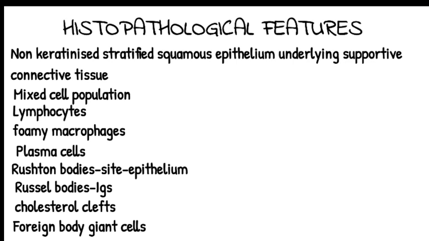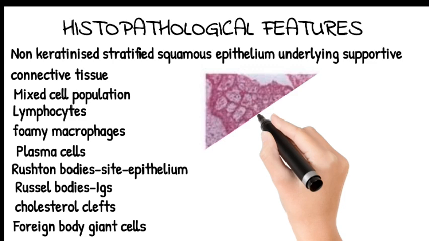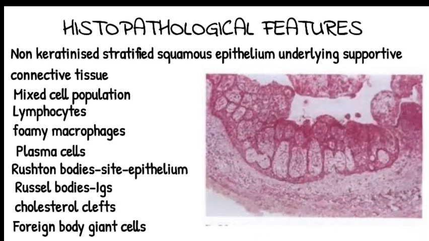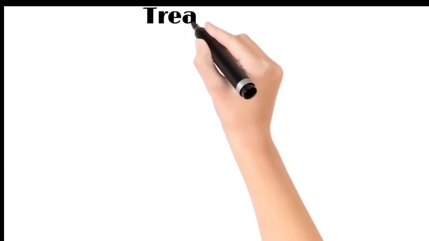There will also be foamy macrophages and plasma cells. Plasma cells are also inflammatory cells. Rushton bodies, Russell bodies, cholesterol clefts, and foreign body giant cells are its important characteristic features. The Rushton bodies and the Russell bodies are only seen in the radicular cyst. This is a histological diagram of the radicular cyst.